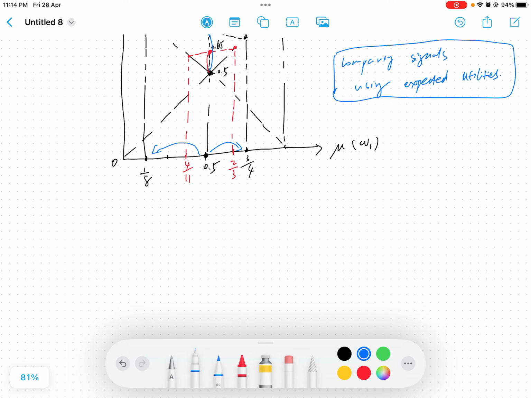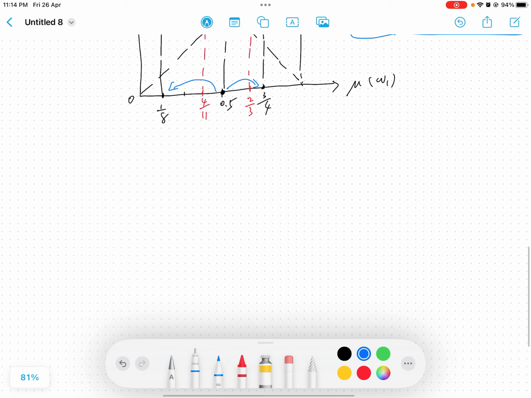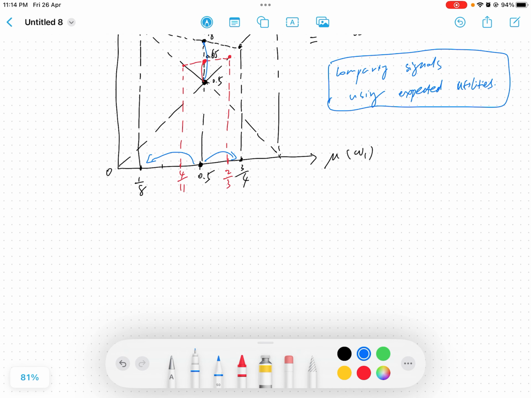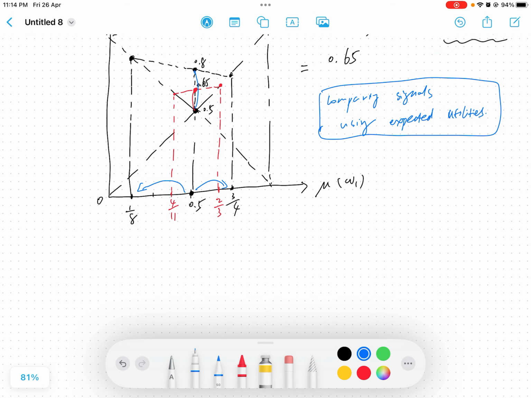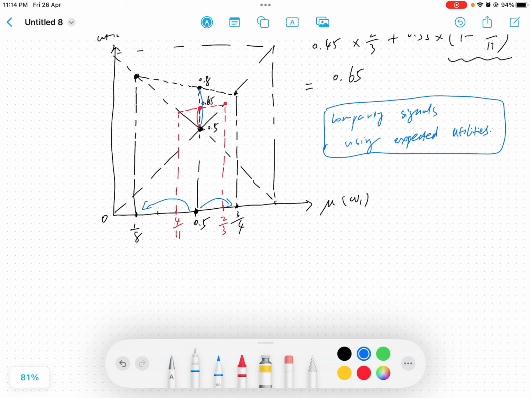Here we call this concept a garbling. In this case we say that pi b is a garbling of pi a. This term is very straightforward.